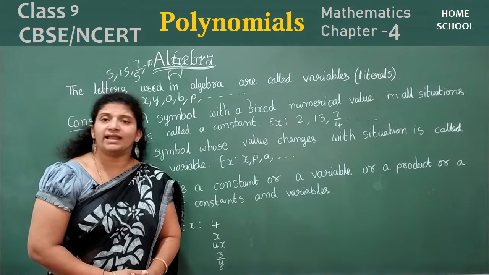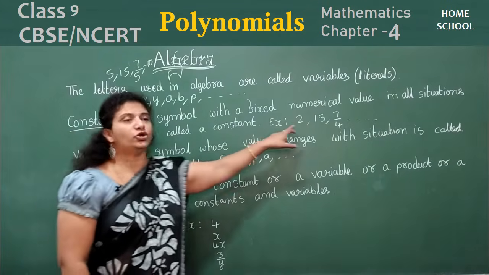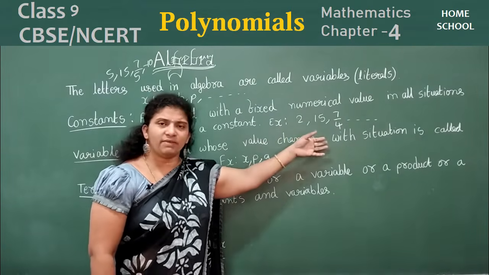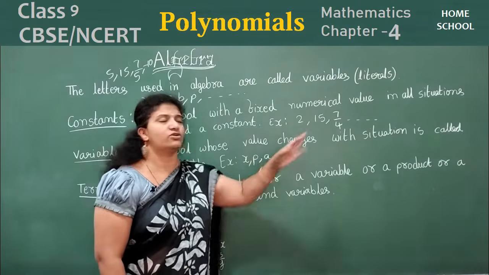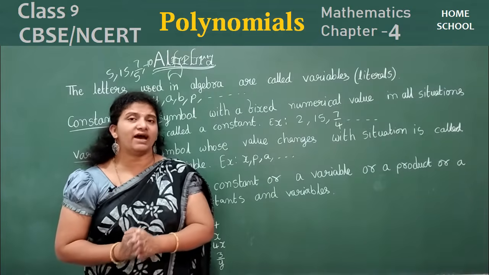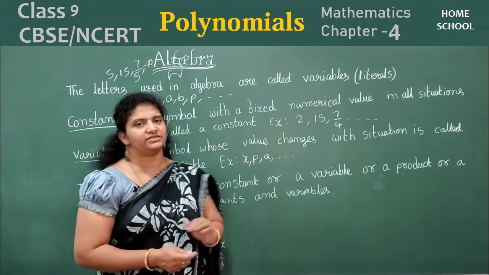Whereas the number value won't be changed and its value is fixed. So 2 value is 2 itself. 15, 7 by 4, root 2, root 5, like this. All these are called constants. Constant means the value will be fixed and the value will never change.